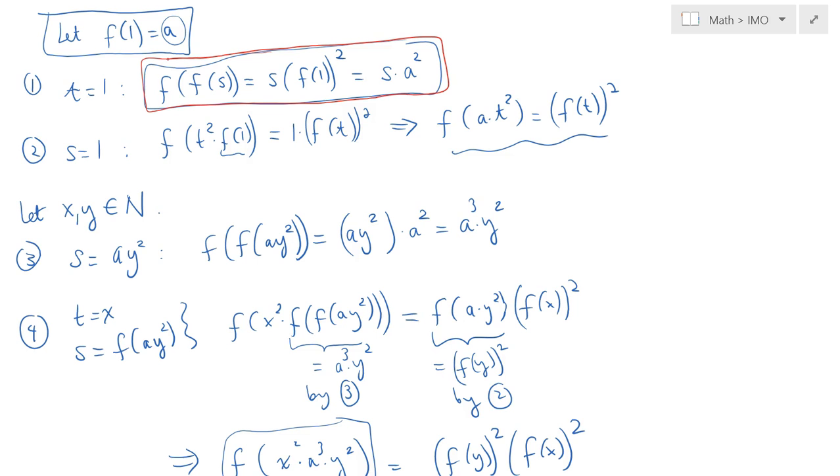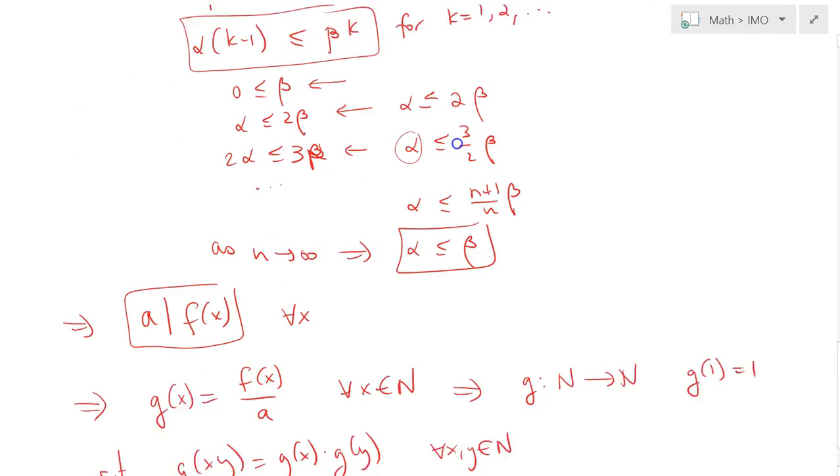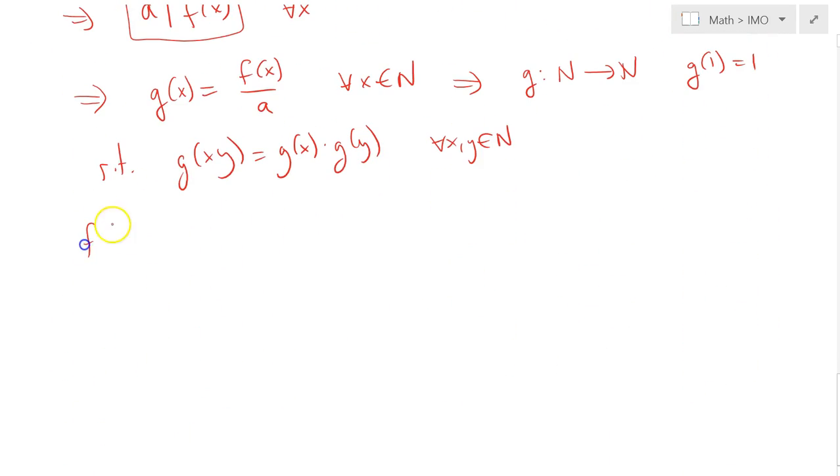So we start with f of s equal to, I believe it was a square s, and replacing the function f with its counterpart in g, that would be equivalent to a g of a g of s, and that's equal to a square s.